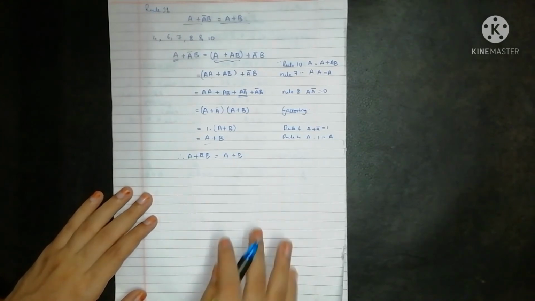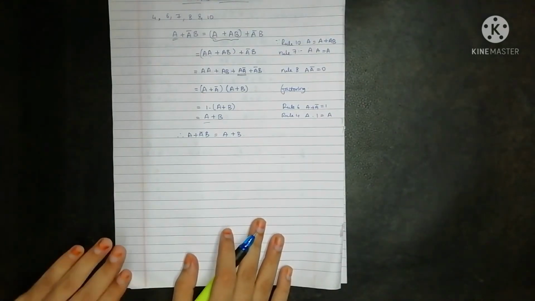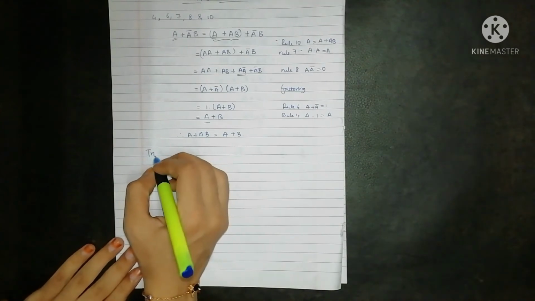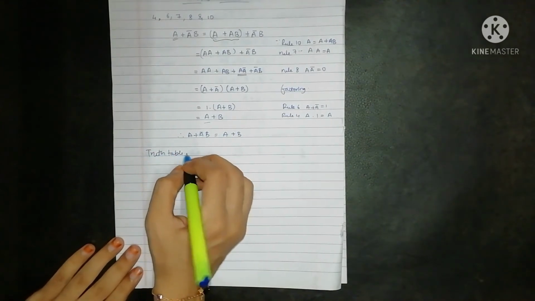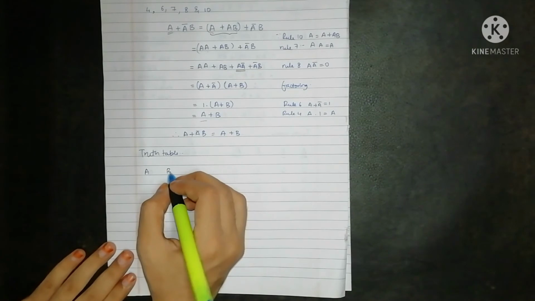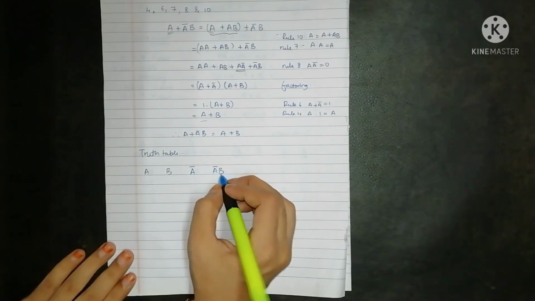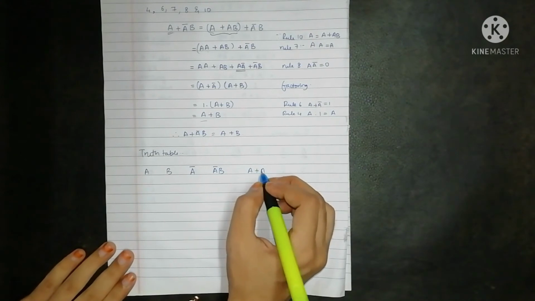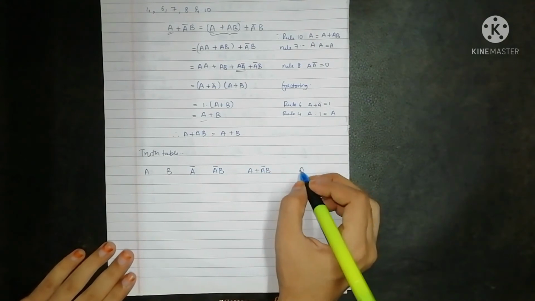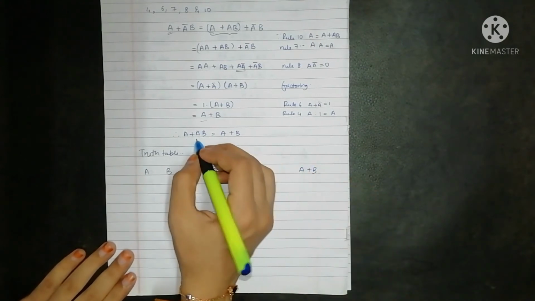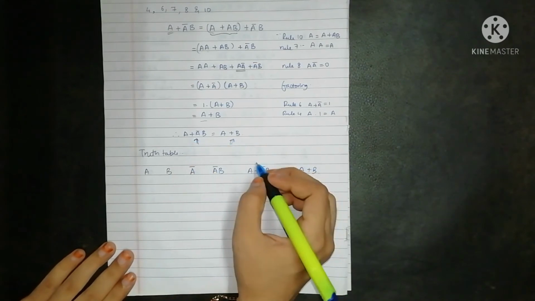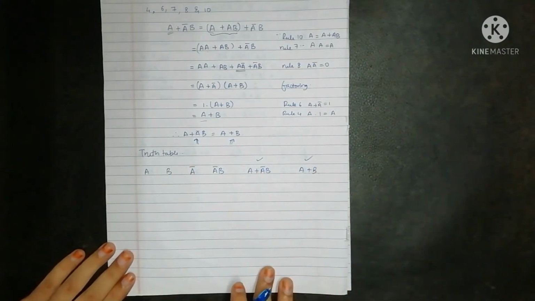Now the same expression can also be proved very easily using truth table. Take inputs as A and B, take complement of A bar, then A bar B, and A plus A bar B, and here A plus B. Both the side of the expression are taken in the last two columns of the truth table.